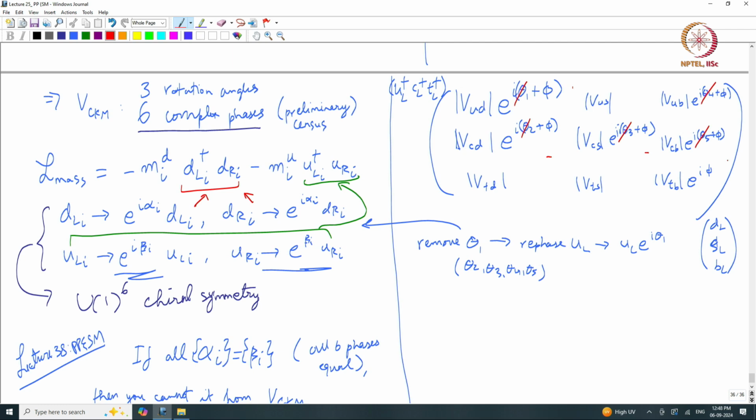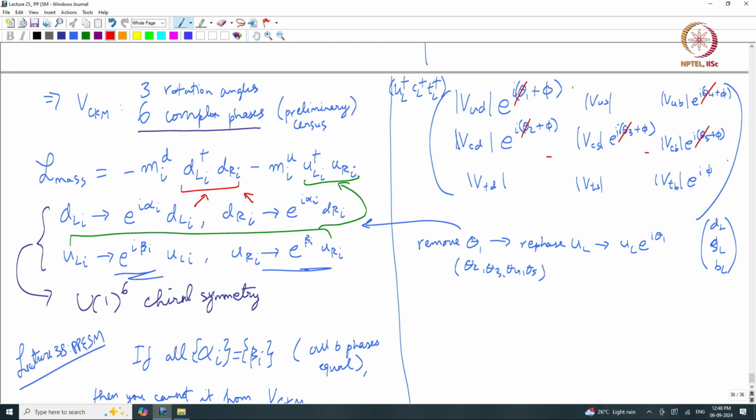So, if I try to remove it using one other field, then I have already made use of my freedom for the rephasing. I cannot make use of it one more time, right. So, I cannot rephase 6 different fields at the same time to get this. I can only do it one at a time, correct. That is what this freedom means. If I have already done the rephasing, I have already made use of the freedom in the chiral symmetry, right.